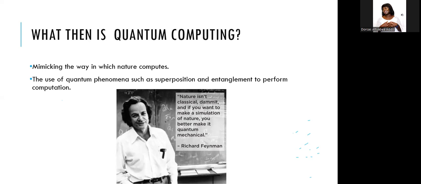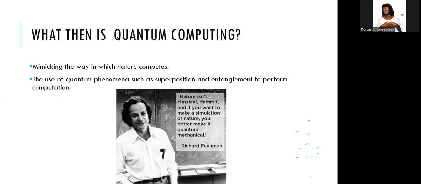Quantum computing is mimicking the way in which nature computes, right? It is the use of quantum phenomena such as superposition and entanglement to perform computation. Those are the three phenomena that we mentioned: superposition, entanglement, and interference.